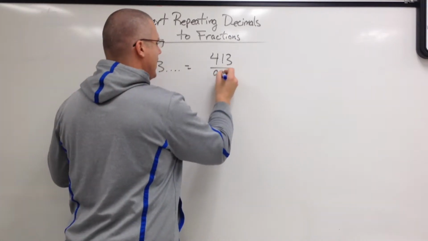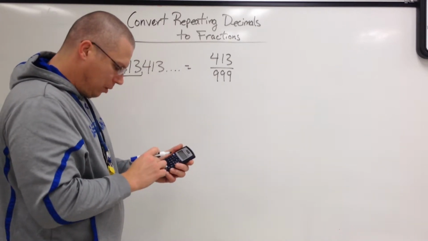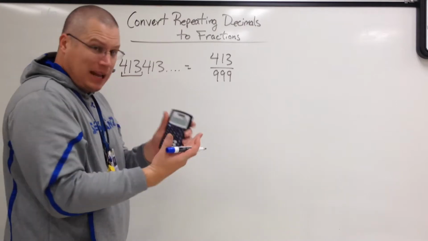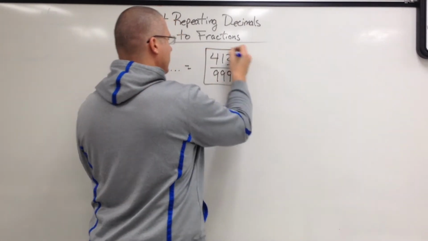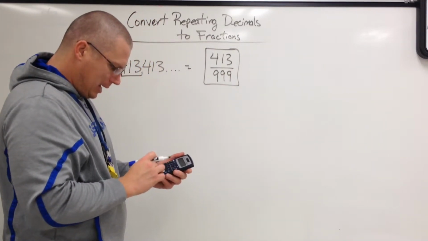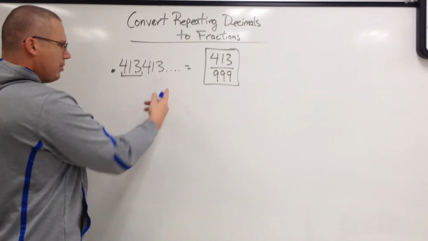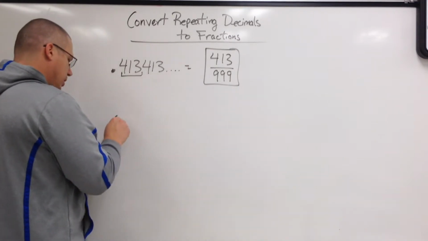So this is over 999. Is this in lowest terms? 413 fraction 999 equals the same thing, 413/999. So yeah, this is it. I am done. Check. 413 divided by 999 equals 0.413413413. Works. Last one.